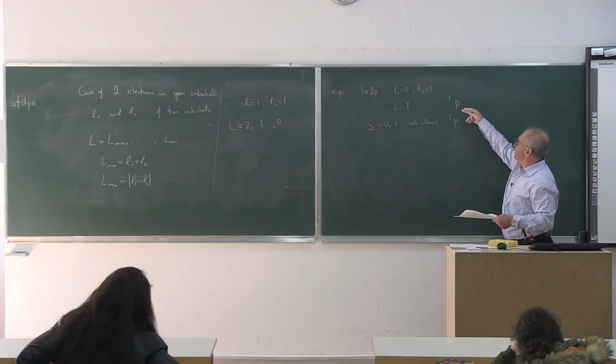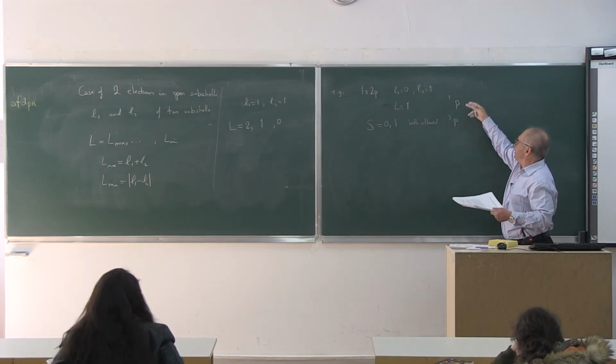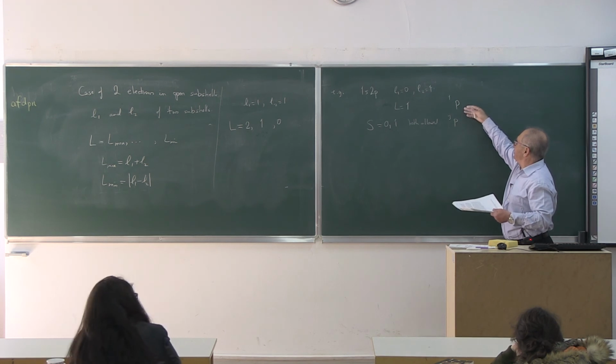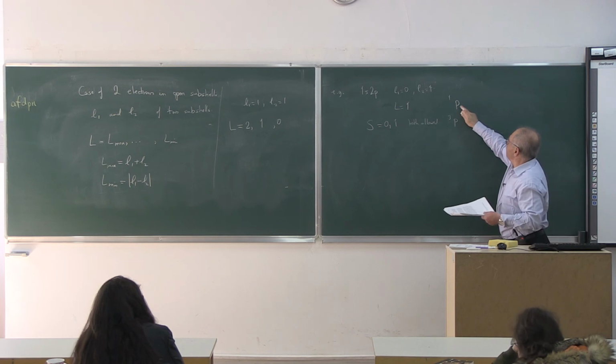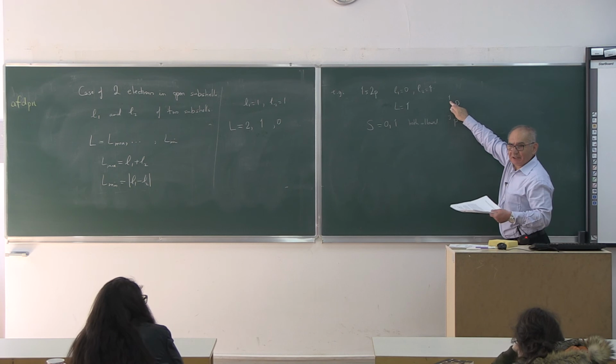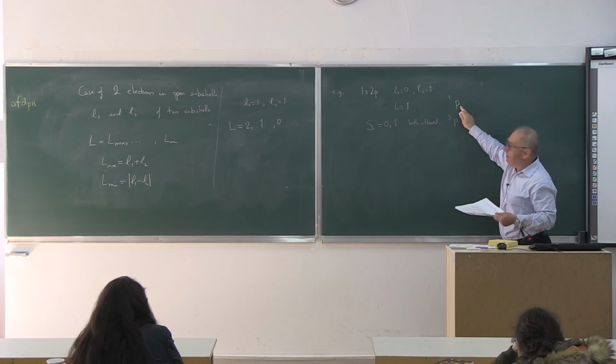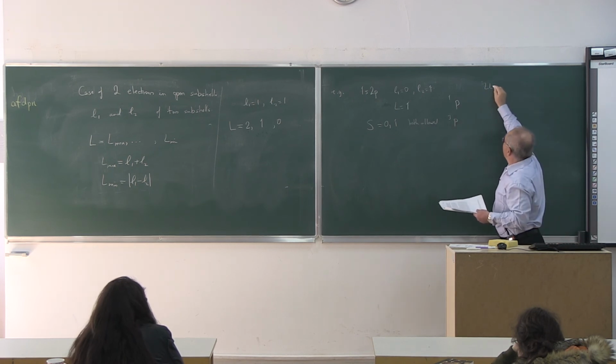How many states are there? The spin degeneracy is the multiplicity, 1 for the singlet P. But there is space degeneracy, which is 2 times L plus 1.